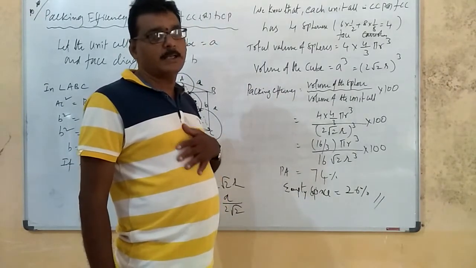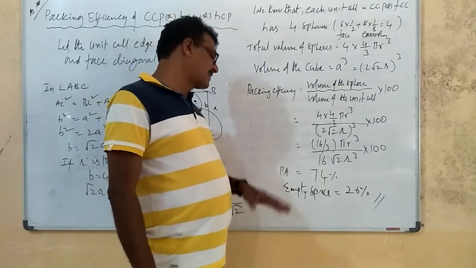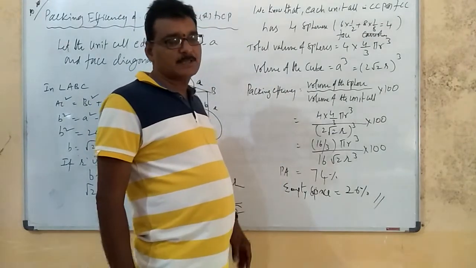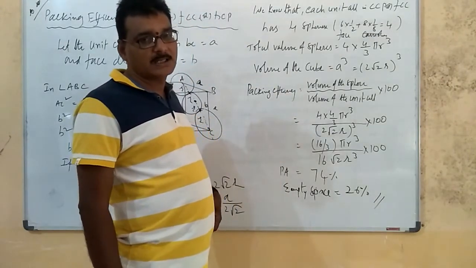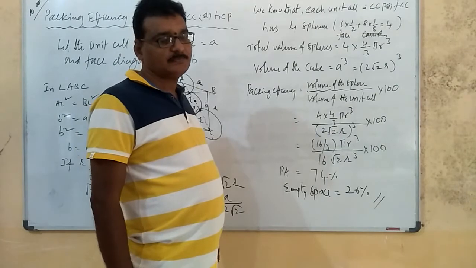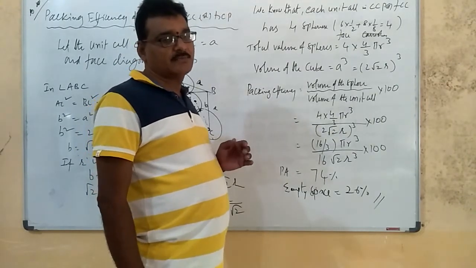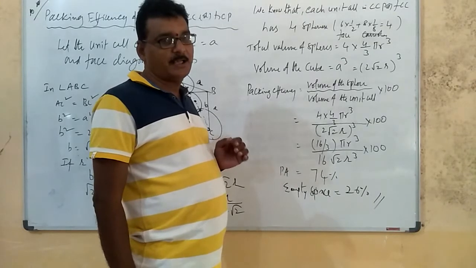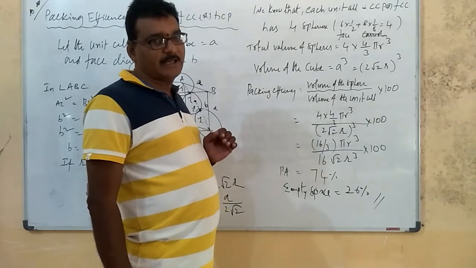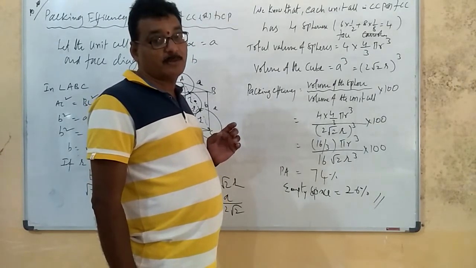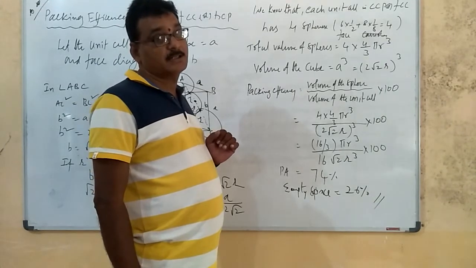But what is the empty space? The remaining space is equal to 26%. So this is about the packing efficiency of FCC, CCP. What is the packing efficiency? 74% occupied by the particles.